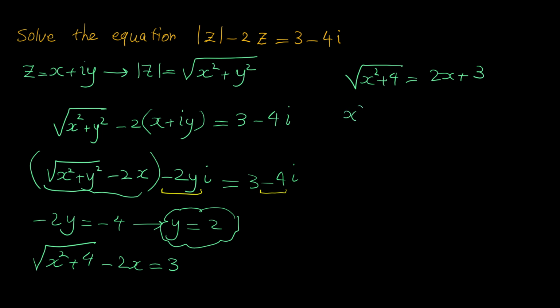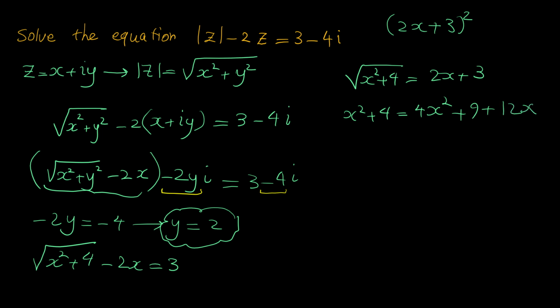Then we have x² plus 4 equals (2x plus 3)². If you multiply 2x plus 3 by itself, or if you use an identity, then (2x plus 3)² would be 4x² plus 3², which is 9, plus 2 times 2x times 3, which would be 12x.